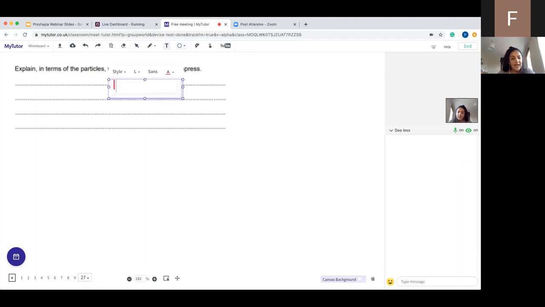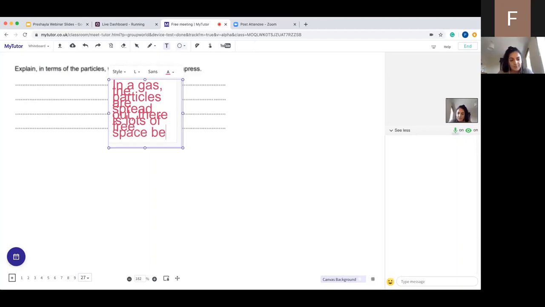So in a gas, the particles are spread out. There is lots of free space between the particles. This means that the density of a gas is low.